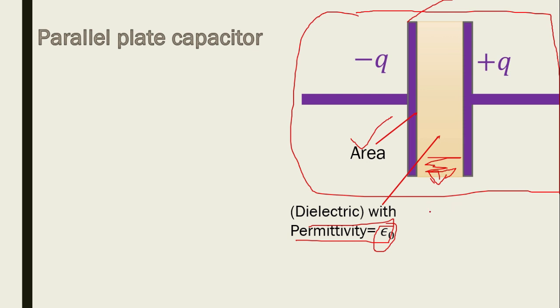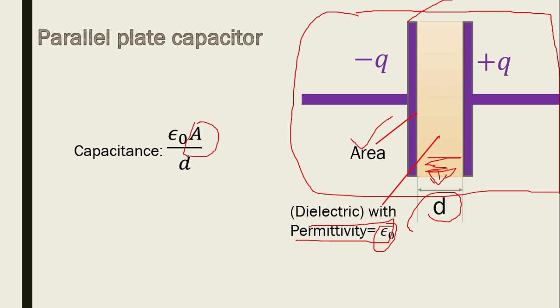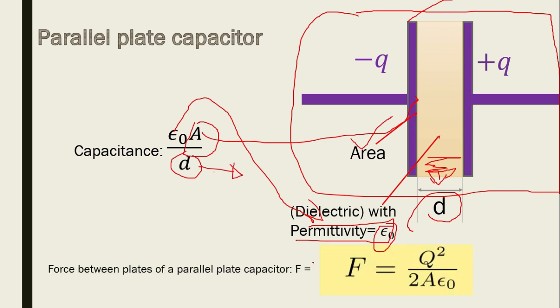The distance between these two plates is D. Now capacitance of a parallel plate capacitor is given by C equals epsilon naught A upon D, where epsilon naught is permittivity, A is area of the plate and D is the distance between the two plates. The force between these two parallel plates is given by F equals Q square upon 2A epsilon naught. Remember that here it is for a parallel plate capacitor, not for capacitors connected in parallel.